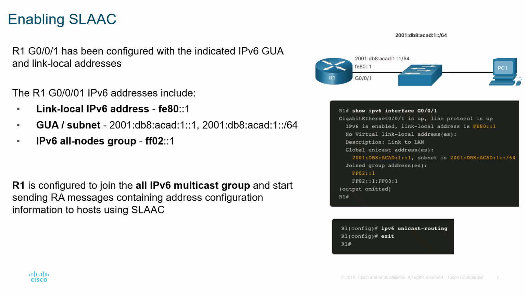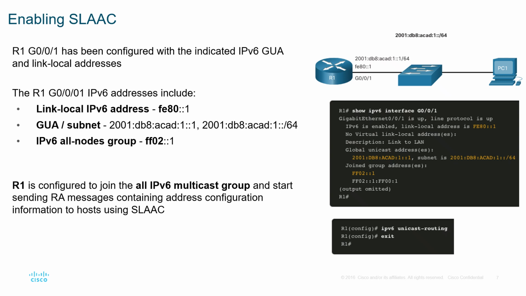So this interface belongs to the all nodes group of FF02::1. R1 is configured to join the all IPv6 multicast group and start sending RA messages containing address configuration information to the hosts utilizing SLAAC.